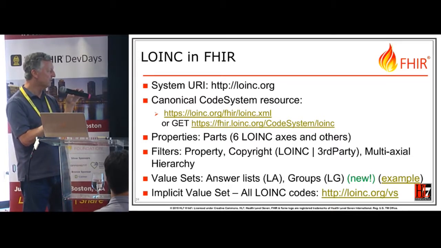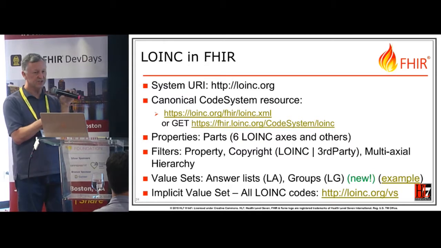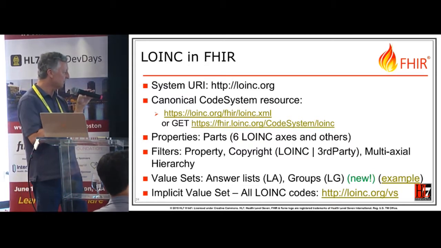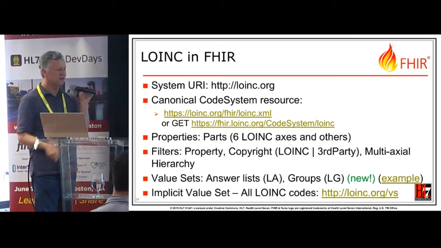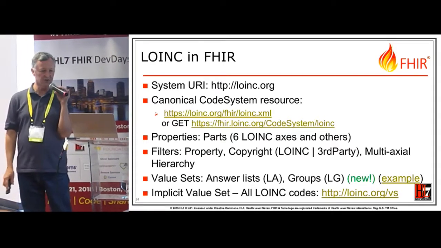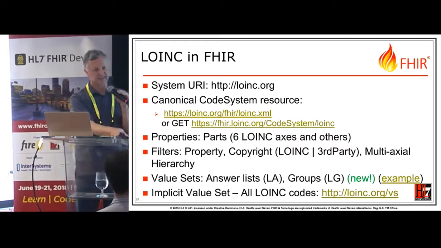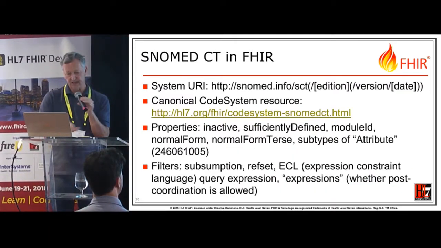You can use those in filters, and you can filter on these other things when you're defining your value sets. And there are existing value sets for answer lists, and there are now value sets for LOINC groups. There's an example you can look at for those if you want. And there's all the implicit value sets defined. So for LOINC, is this all codes in LOINC, and all code systems have an implicit value set of all codes for those, which you can reference if you need it.